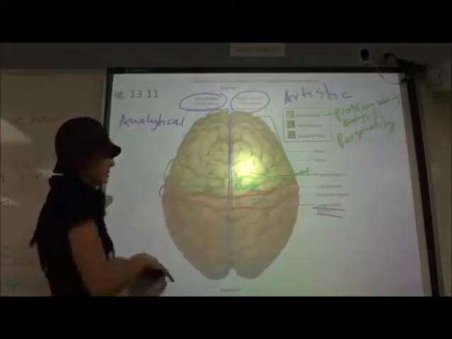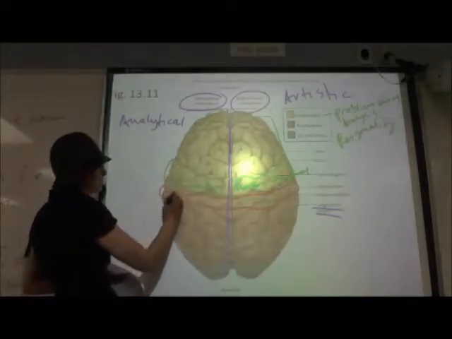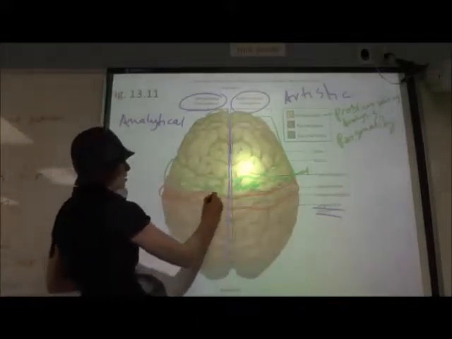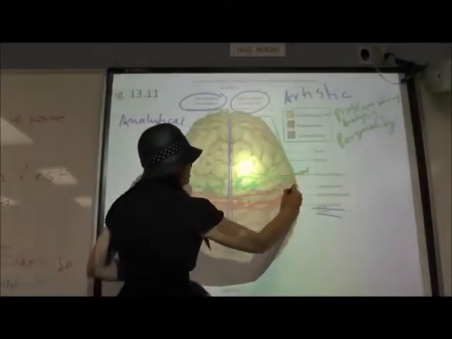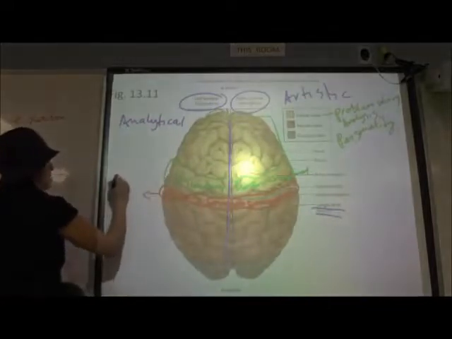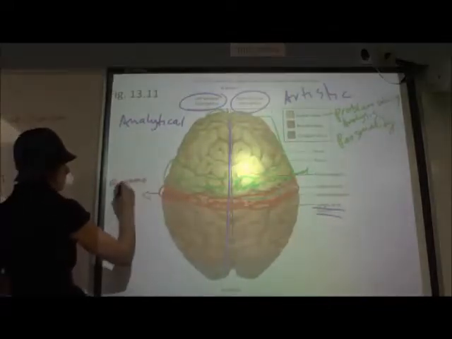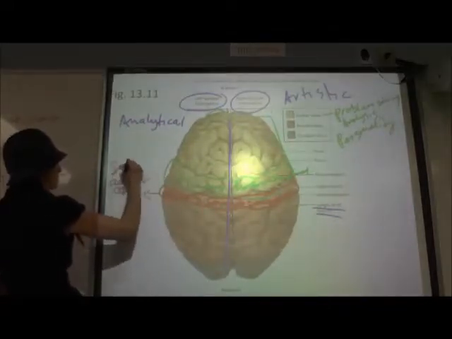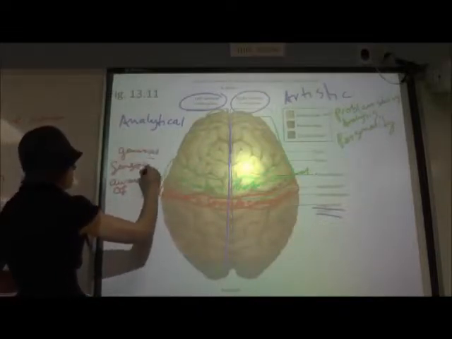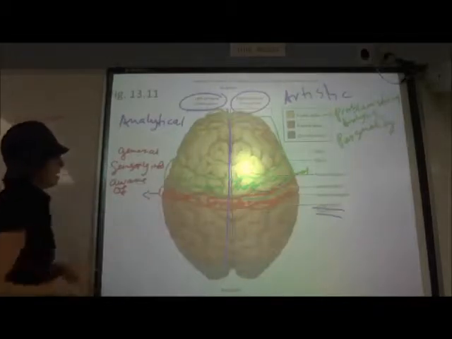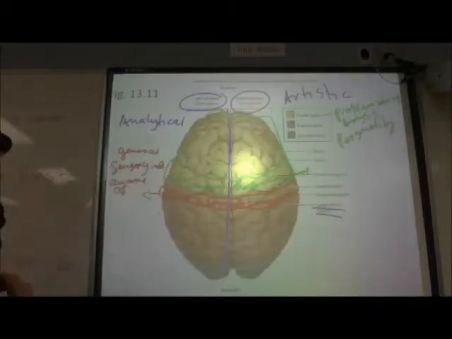Not our special senses, these are our general senses. So this is our primary somatosensory, meaning sensory information that we're aware of. We'll say general sensory info that you're aware of is going to be mapped out on your postcentral gyrus.